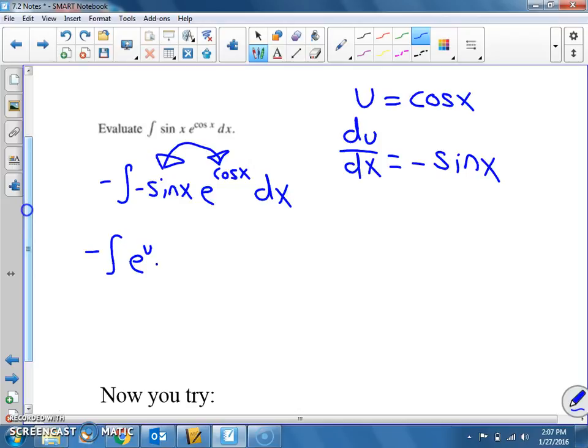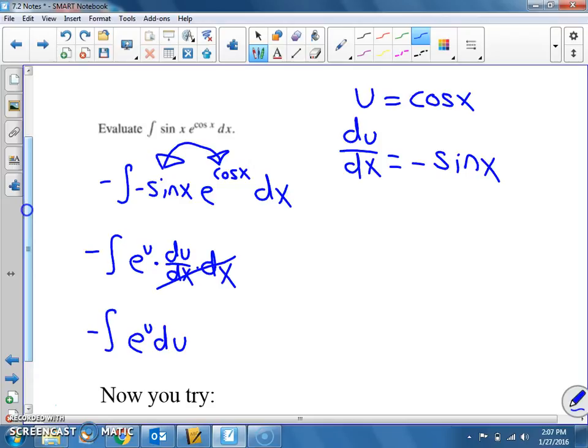So e to the u times du dx dx. Right? Does everybody see that? Okay. dx over dx. And then I'm left with the negative integral of e to the u du.